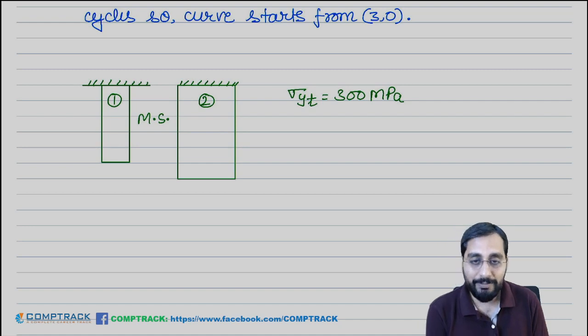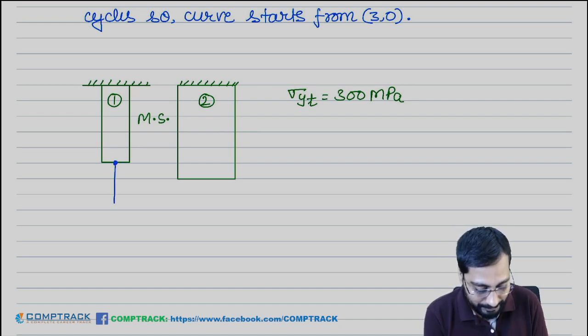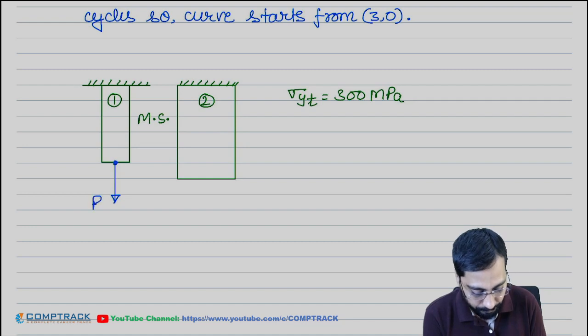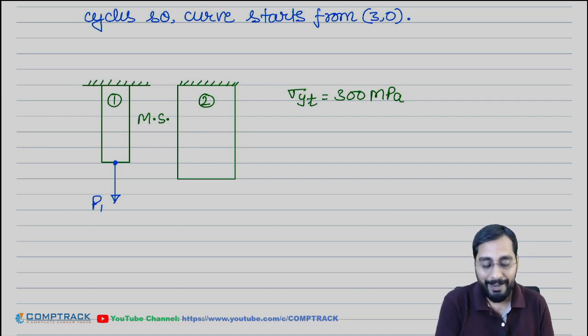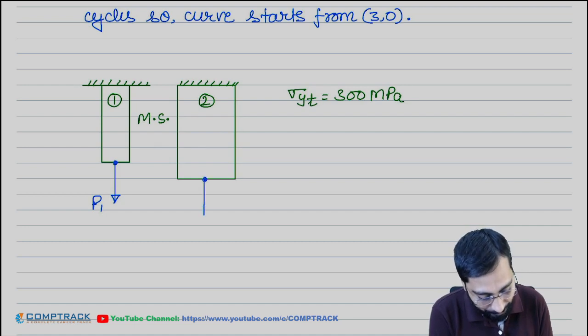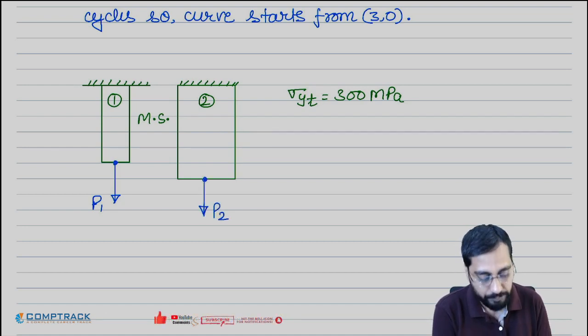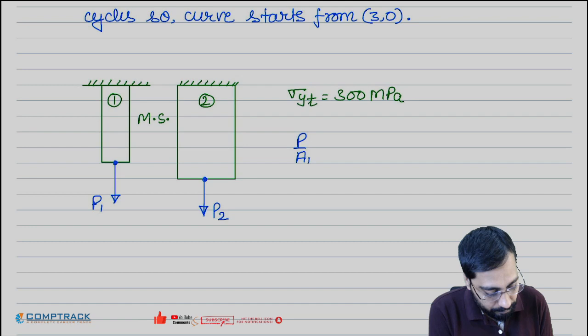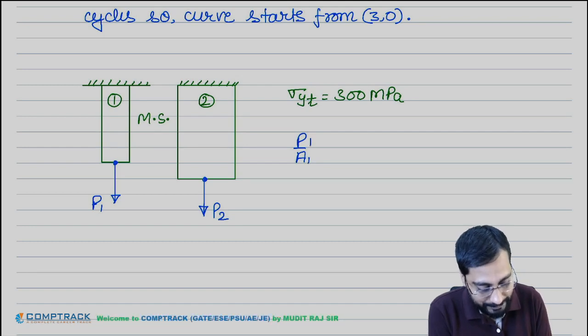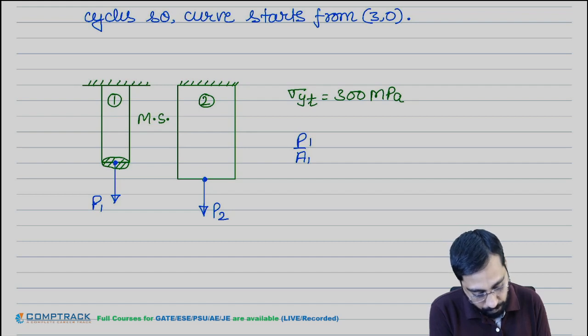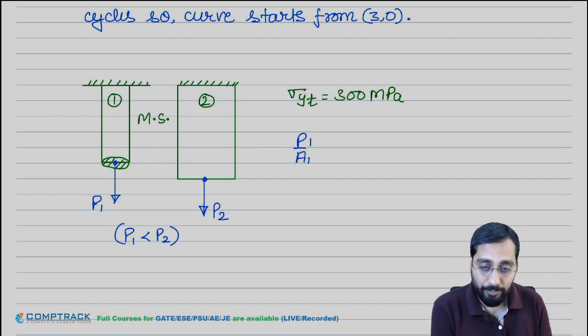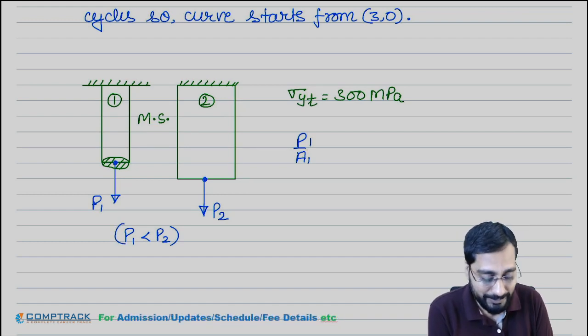On bar 1, failure will start at some load P1, and in the second bar, failure will start at some load P2. But its area is less, so P1 will be lesser than P2. At both loads, failure will start.